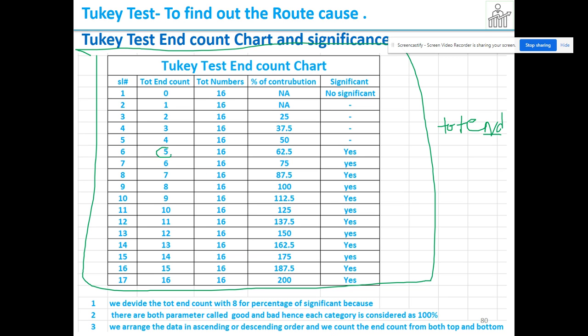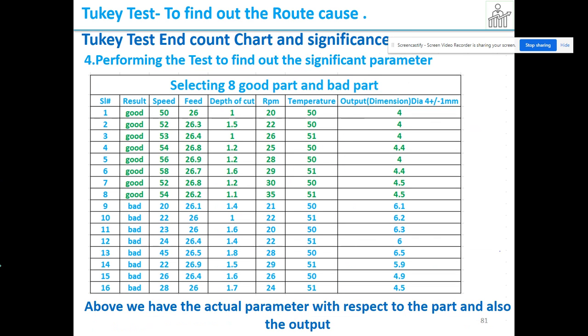So the total end count is 5. It's only 60%. 60% is significant to the output. Like that, if it is 7, if it is 8, if it is 9, what is the percentage of contribution to the effect of the output? It will give us. So this will be useful after you perform the Tukey test.